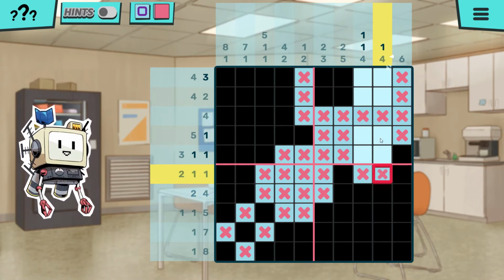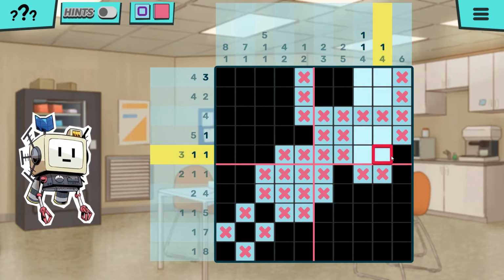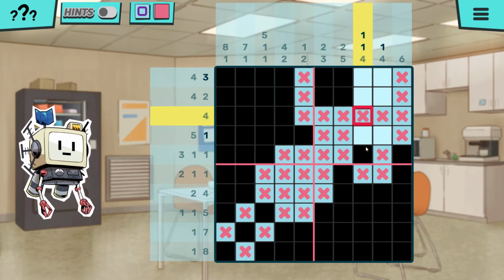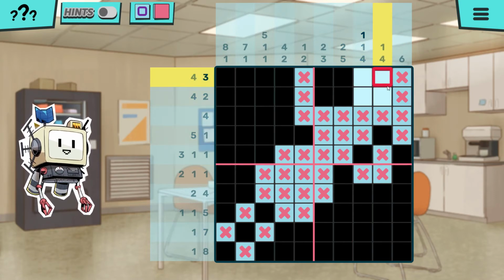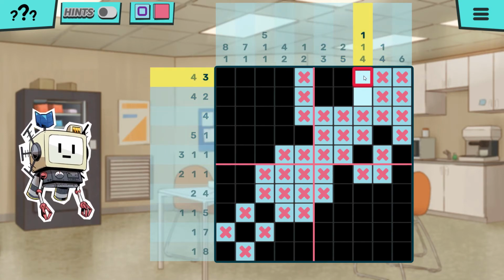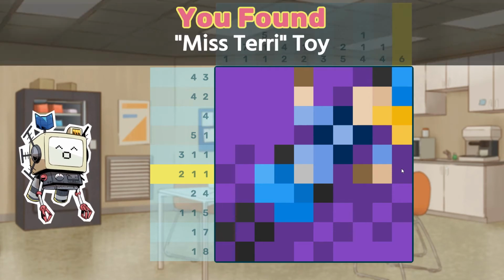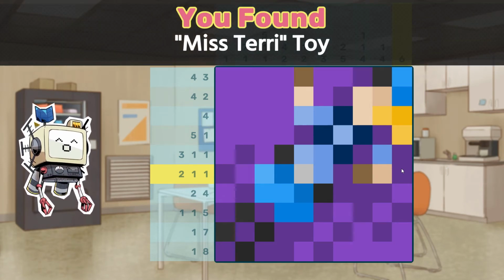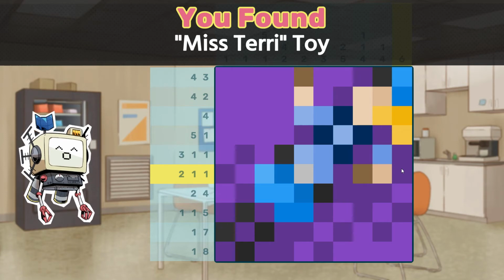I think. I'm just gonna continue. Actually, no, this doesn't work. This does work out, yes. There's a 1, 1, 4, so this has to be blank, this has to be filled. These have to be blank, there has to be a 3 here. There we go. Again, I'm not entirely sure what I messed up in the middle there. Or, actually, I know what I messed up, that's why I was able to fix it. I just didn't know why I messed that up. But, we got there in the end.